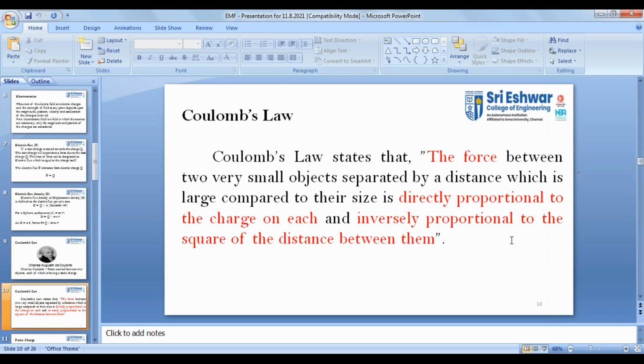What he stated is a very important 2-mark question, and sometimes a big question also.